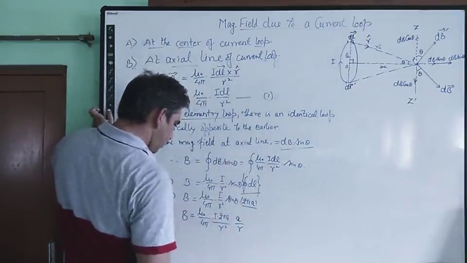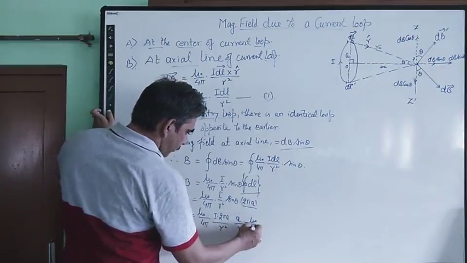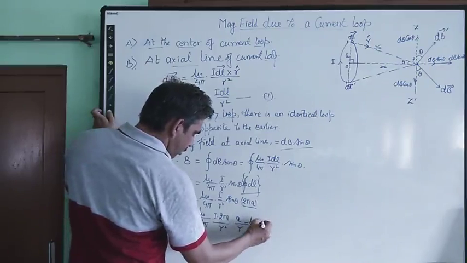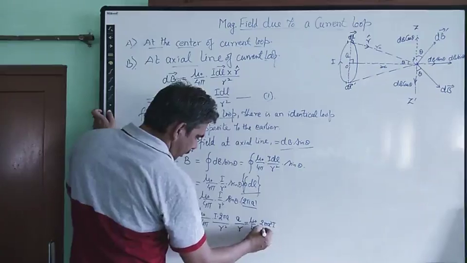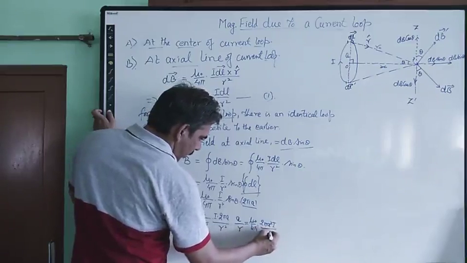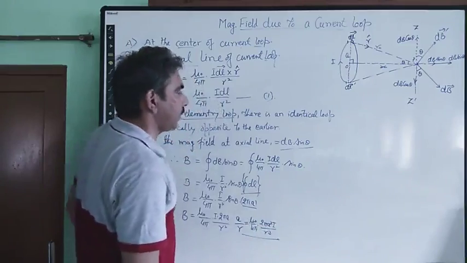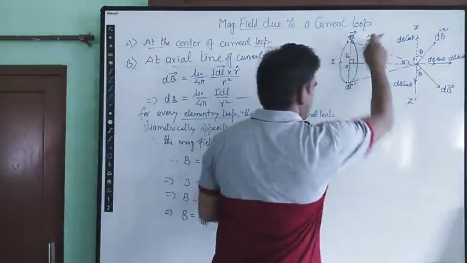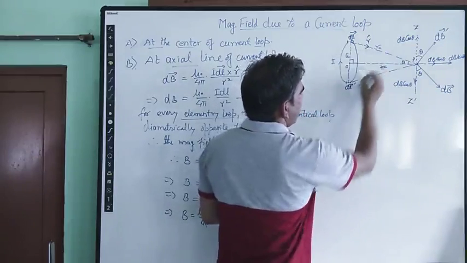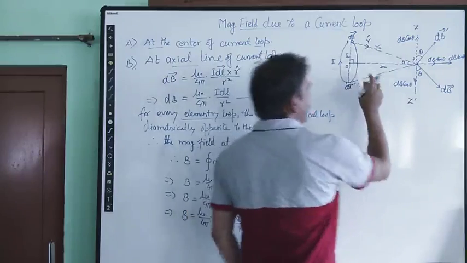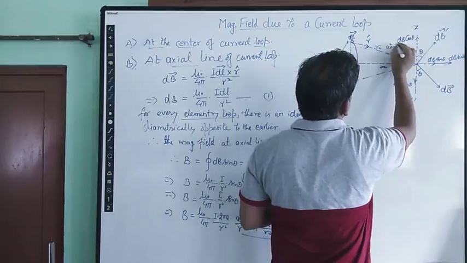So we can write the magnetic field as mu naught upon 4 pi into 2 pi a square into I upon r cube. This is the expression for the magnetic field. But if we have to elaborate this r, then r is the hypotenuse, so according to Pythagoras theorem, r is the square root of a square plus x square.